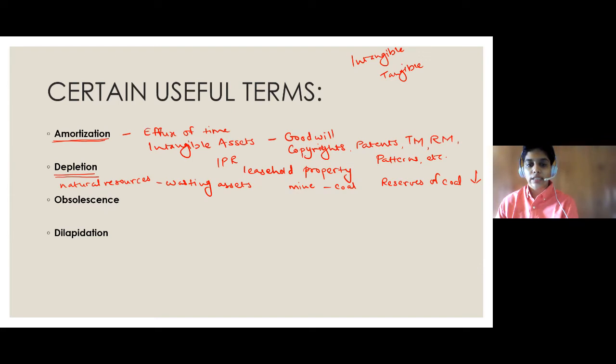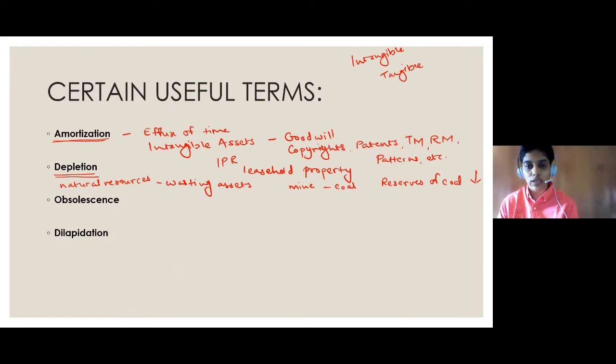So similar assets where there is limited reserve, wherever the quantity of reserve declines whenever you take any output, that is called a wasting asset, and the reduction in the value that you do for wasting assets is called depletion.